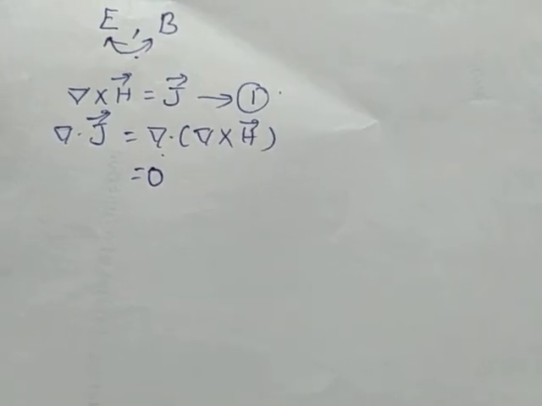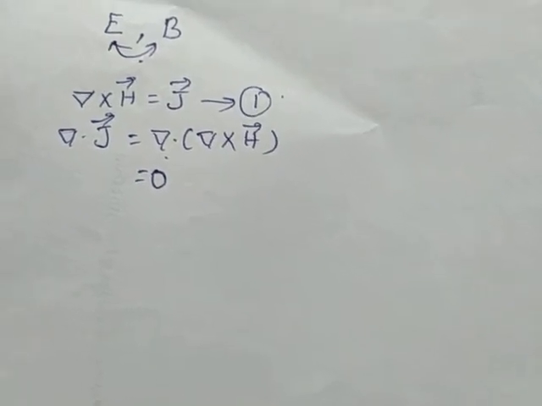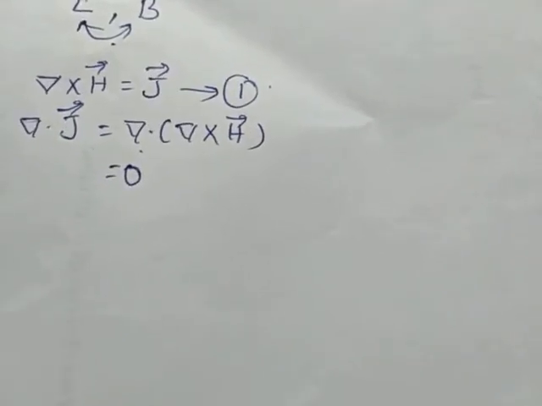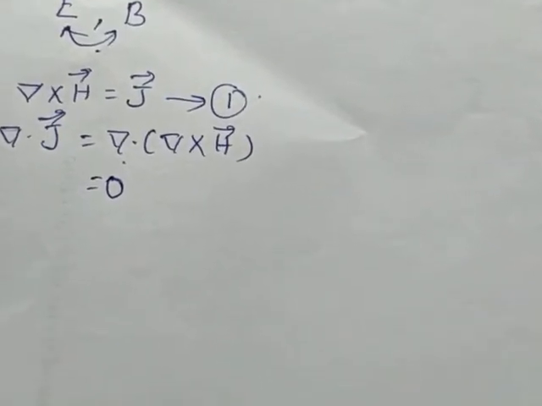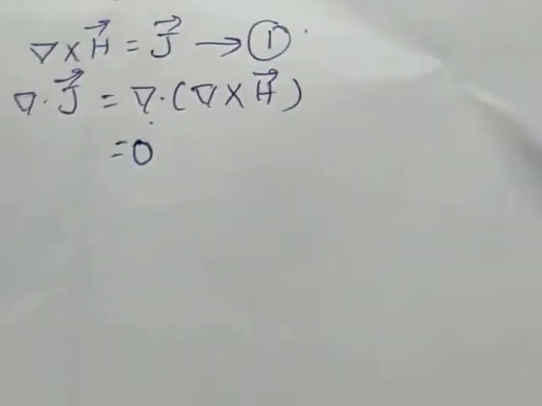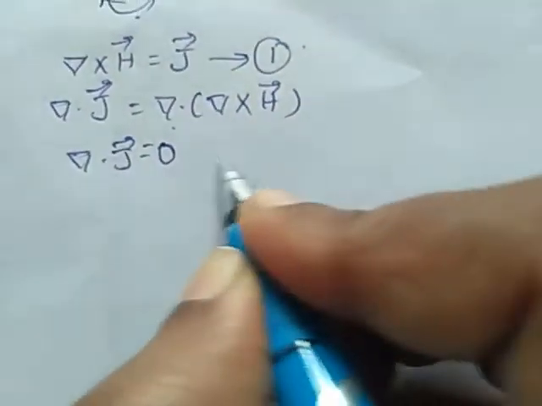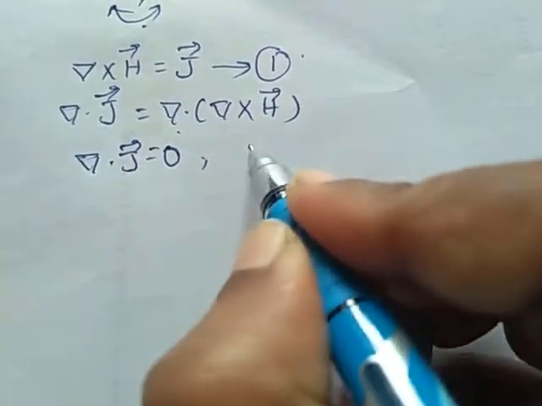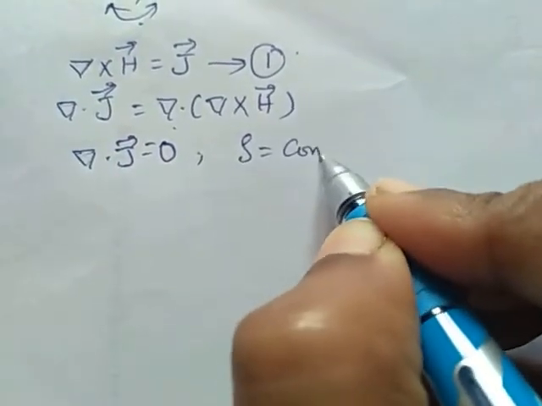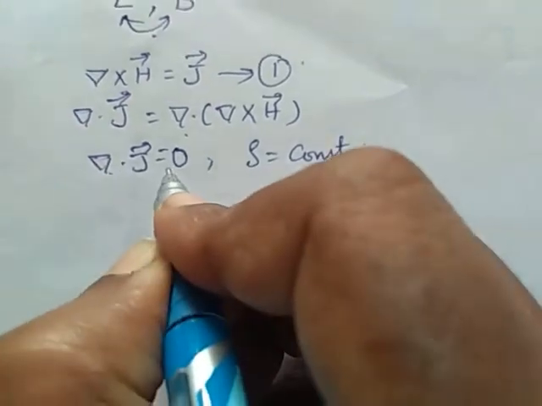This Ampere's law is applicable only in limited situations. It is not applicable to all cases. Whenever the density is constant, del dot J is 0.